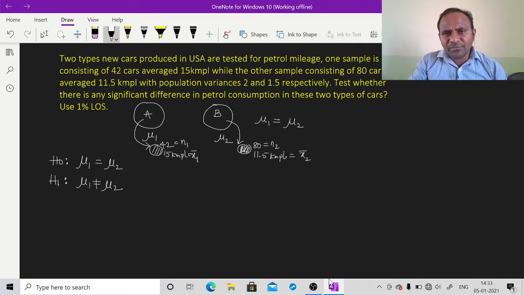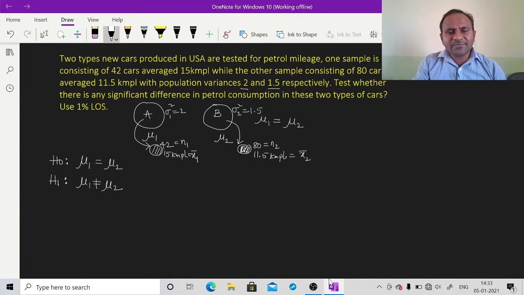One more piece of information is also given: the variances of the populations. The type A population has variance equal to 2, which I denote sigma 1 square, and the variance of the second type is equal to 1.5. This is also mentioned in the question.